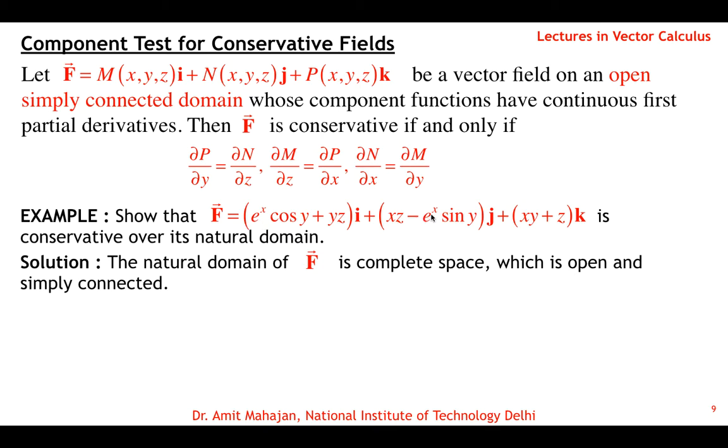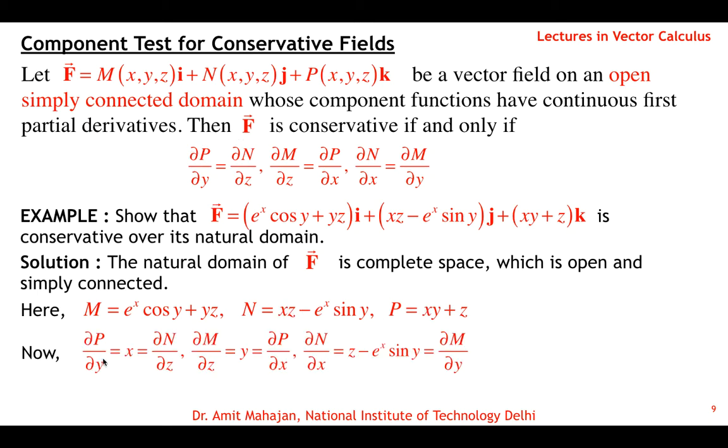So we can write what M, N and P are, and then differentiate these with respect to the components. If we calculate P derivative y, you can clearly see it is x, since when we differentiate with y we treat x and z as fixed. N derivative with z is also x, so the first condition is satisfied.